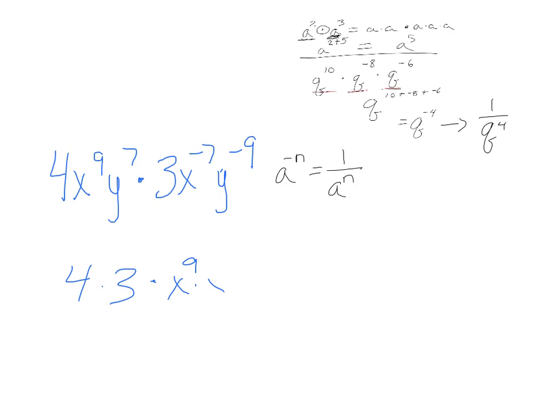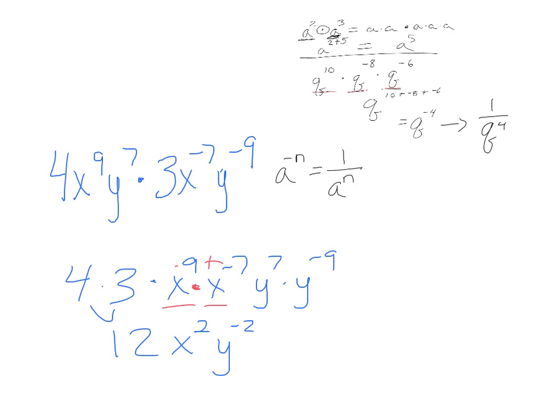This is really saying all of this mess right here. Okay, now I'm going to multiply the numbers with the numbers and variables with variables. If variables have like bases and they're being multiplied, you can simply add these exponents. 9 and negative 7 will result in a 2. And then y is going to be to the negative second power.